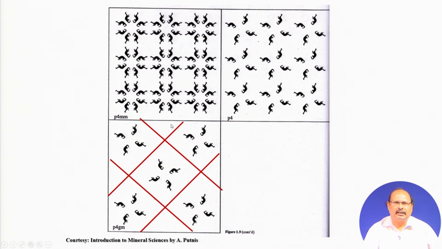So, this is in a nutshell the 17 types of 2-dimensional space groups that we have studied, where the 5 plane lattices combined with 10 planar point groups of symmetry have given rise to these 17 types of 2-dimensional space groups.